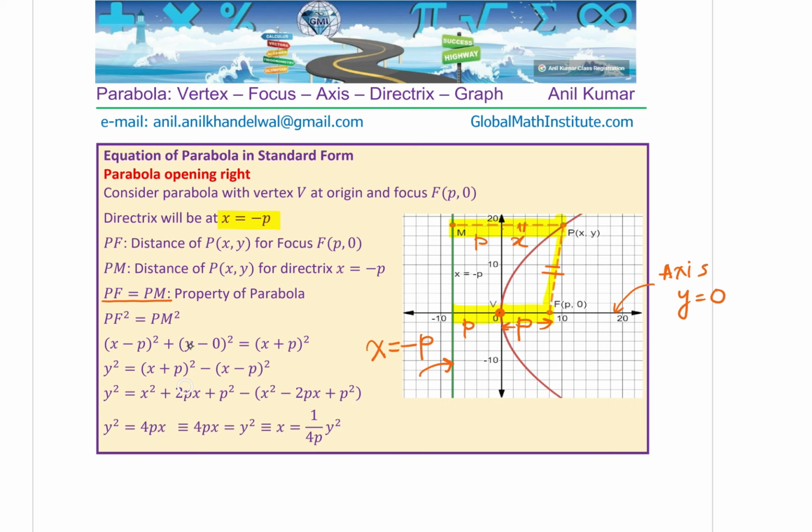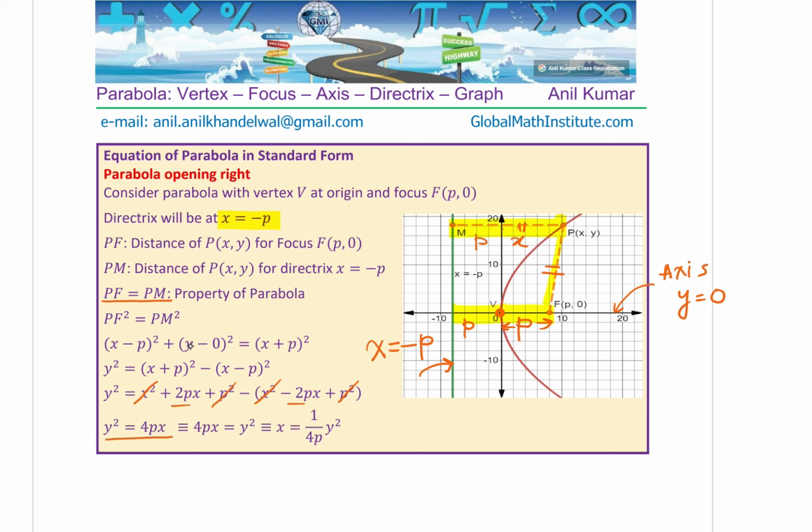(x plus p) whole square is x square plus 2px plus p square, minus x square minus 2px plus p square. That results in 4px, as x square cancels with x square, p square cancels with p square, and we are left with the terms 2px plus 2px. So that becomes 4px.